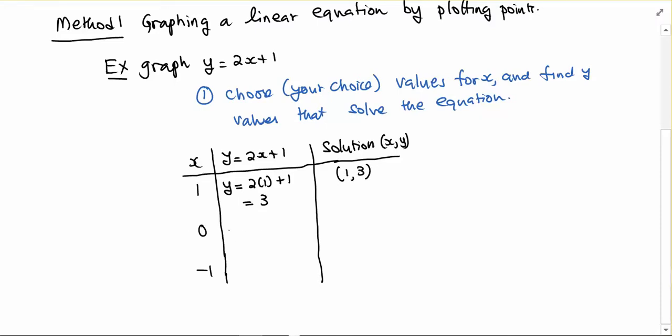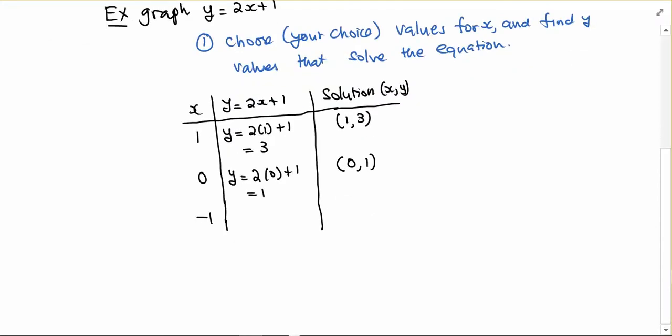If x is 0, then y would have to be what? 2 times 0 plus 1. 2 times 0 is 0 plus 1, that's 1. So 0, 1. At last, y would equal 2 times minus 1 plus 1. That's minus 2 plus 1, so that's minus 1.